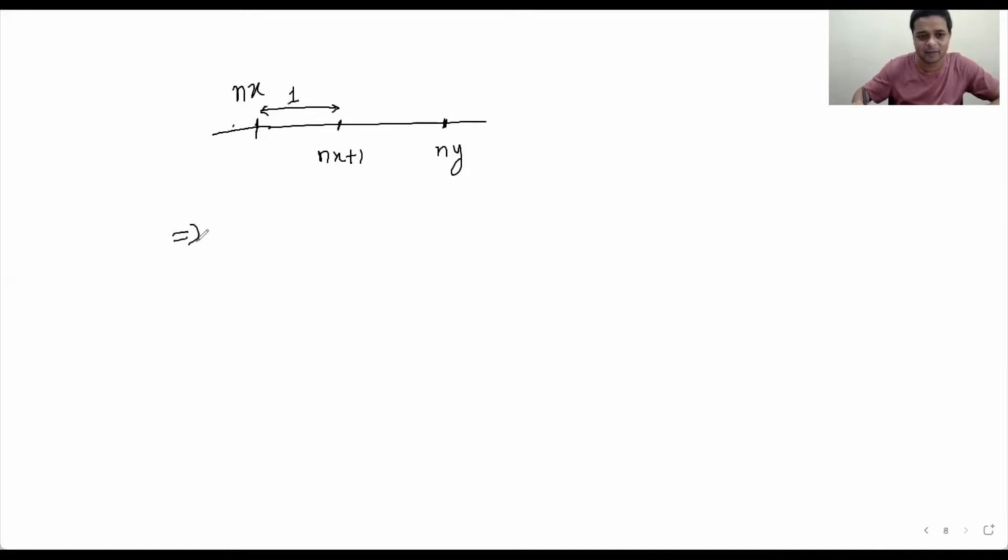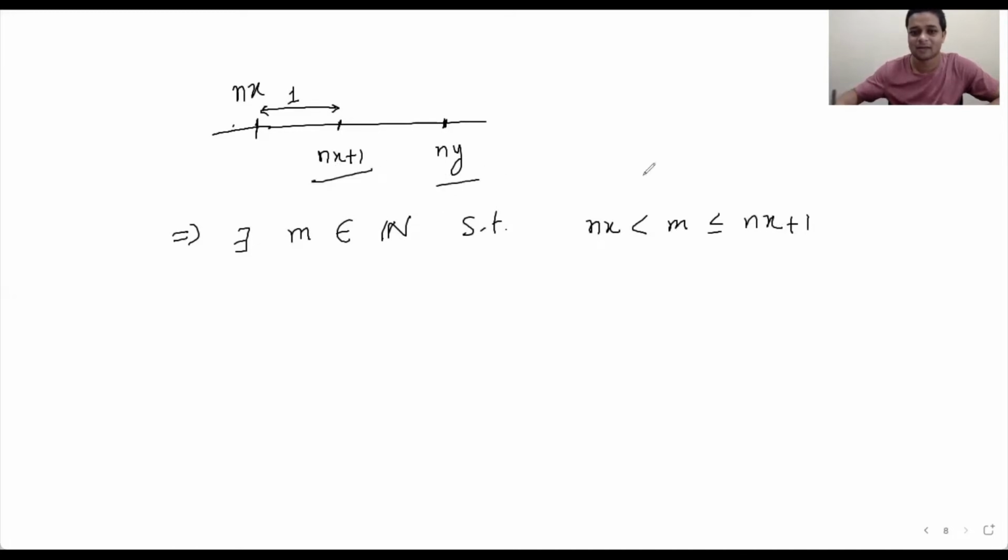And this implies there exists some m belonging to the set of all naturals which lies between nx and nx plus 1, because this interval has length 1. There exists m belonging to N such that nx is less than m less than or equal to nx plus 1. And also we know nx plus 1 is less than ny.